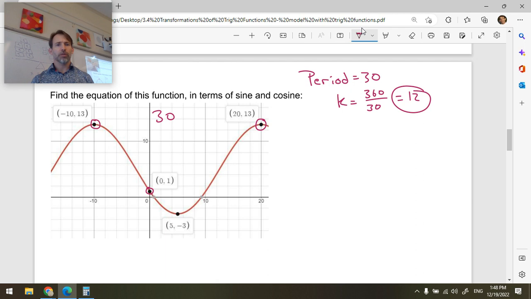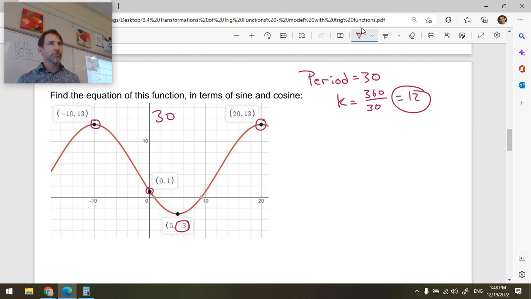Well, you could, but you don't really have to. It's just 13 plus 3. Well, this is here minus 3. So 13 minus 3. To find the amplitude, you would do the maximum minus the minimum divided by 2.